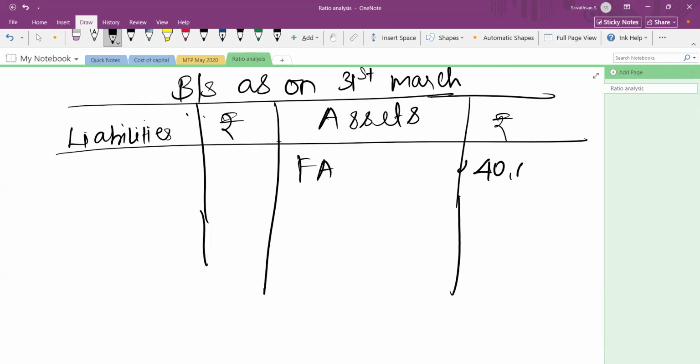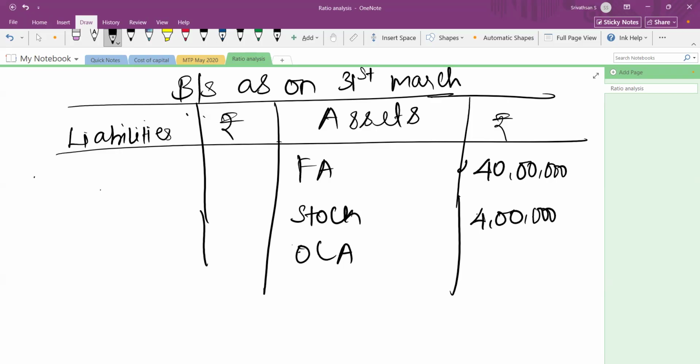Then take everything, separately show it. Stock 4 lakh. Oh, balancing figure it is coming on the asset side.